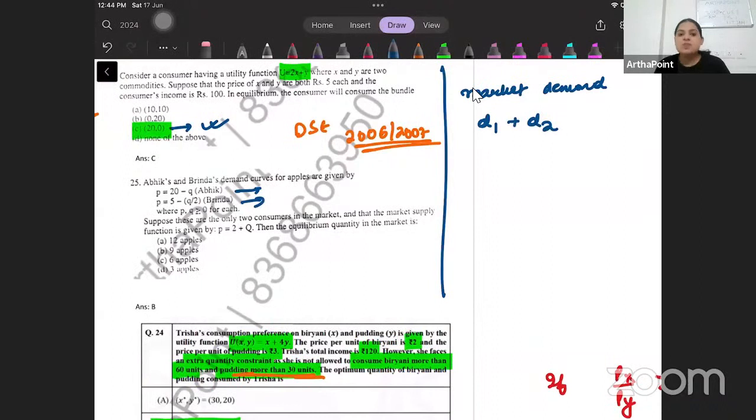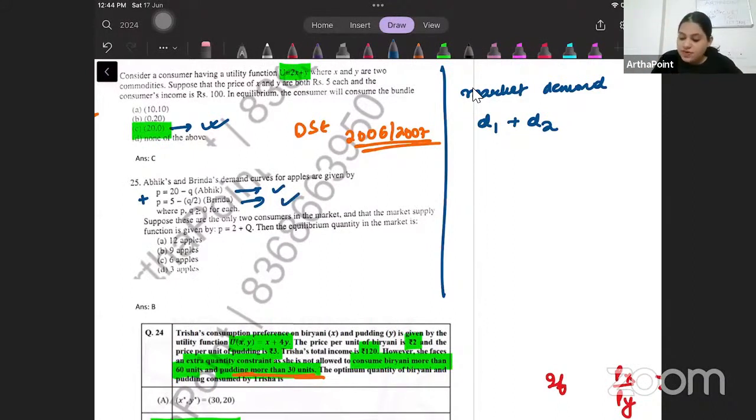Many students make this mistake that they will simply add these 2. That is incorrect. When you find market demand, it is horizontal summation, which means I must find what is the demand of first person, what is the demand of second person, and only then I should add it together.